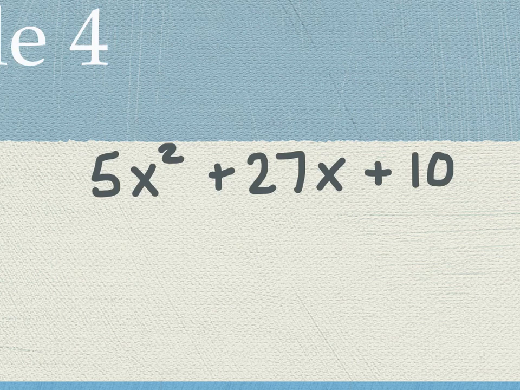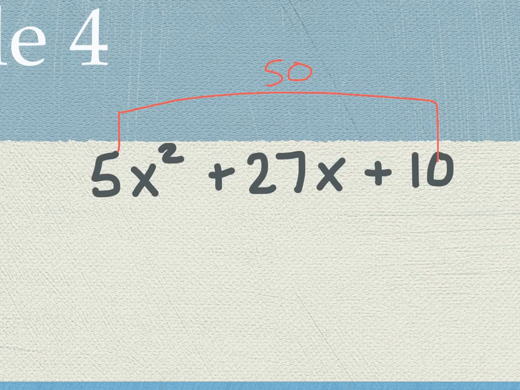Dom, what do we do first? Andrew, what do we do? We multiply the 5 and the 10. So what do we get? 50. What do we do next?